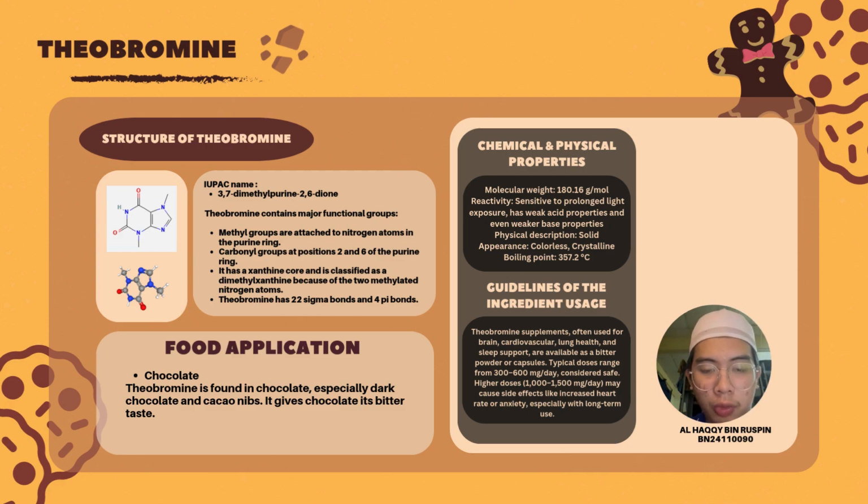Next is the food application of theobromine. Theobromine is found most in chocolates, especially dark chocolates and cocoa nibs, and it gives chocolate its bitter taste. Theobromine is also used in supplements, often for brain, cardiovascular, lung health, and sleep support, and is available as a bitter powder or capsules.